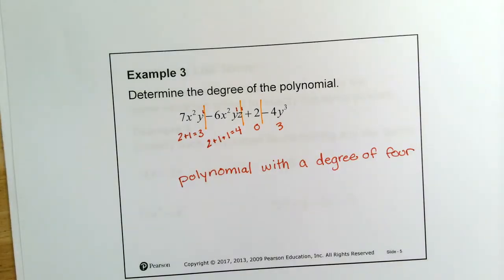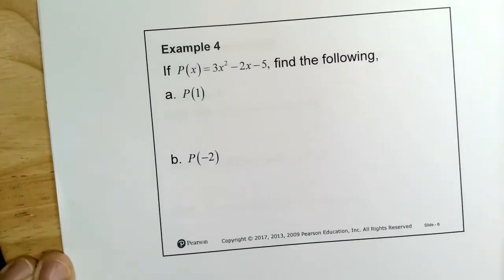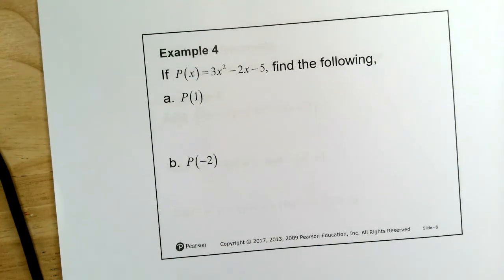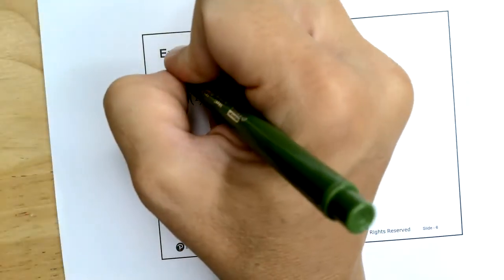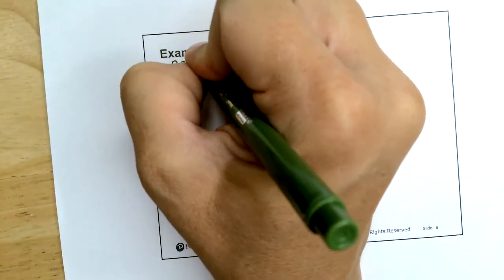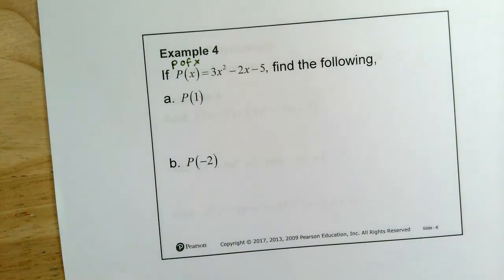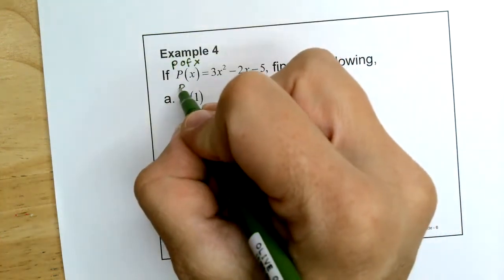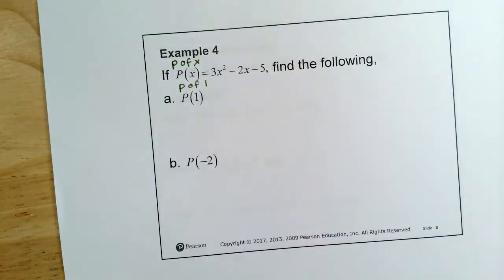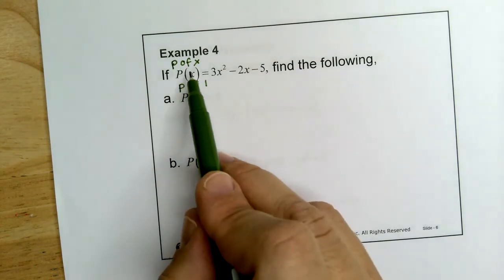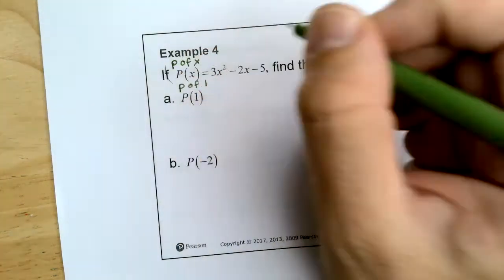All right. Find the following. Ooh, functions. It's p of x. So the way we say this is p of x. If p of x equals 3x squared minus 2x minus 5, find p of 1. P of 1. That means everywhere there's an x, and remember, p of x is the same as y.